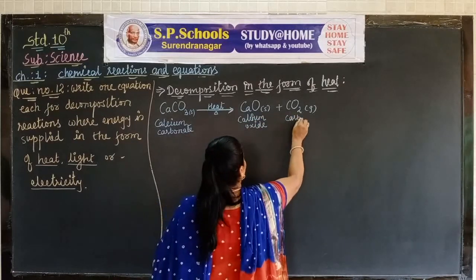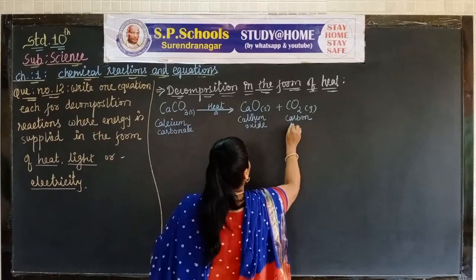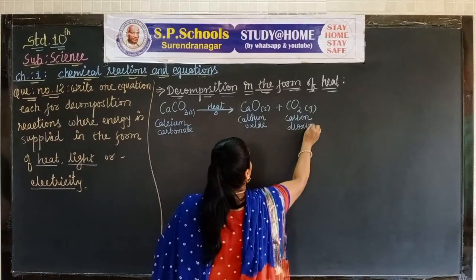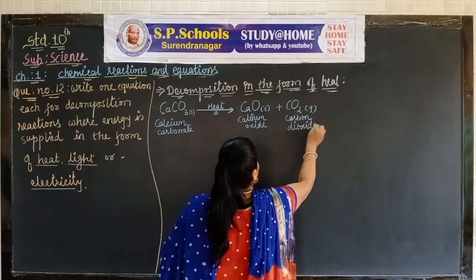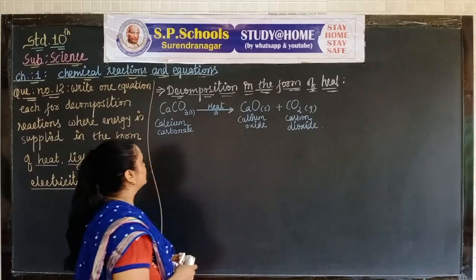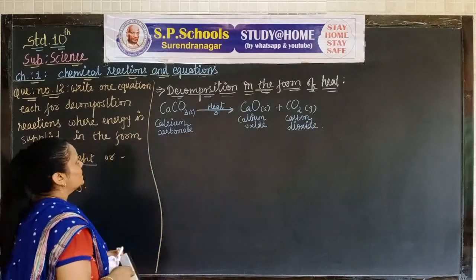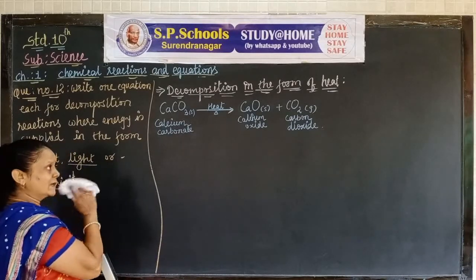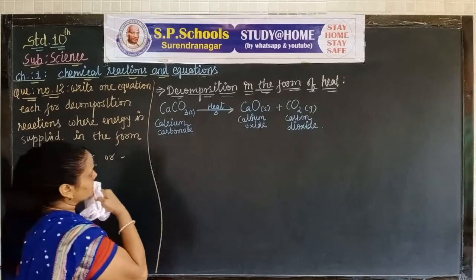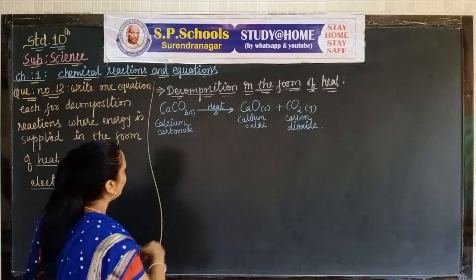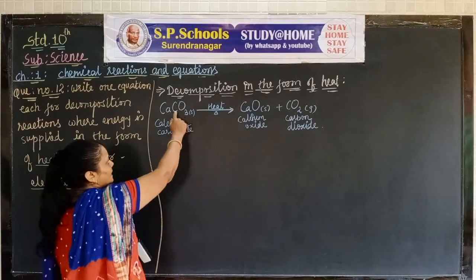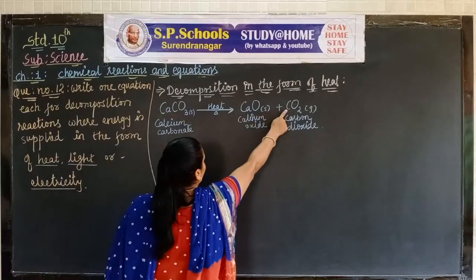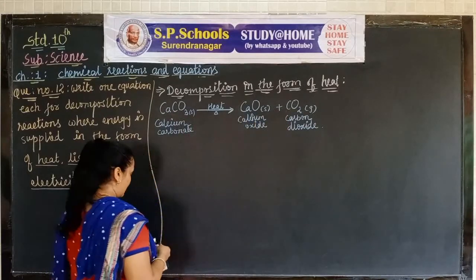This one is carbon dioxide. In reactants, calcium 1 atom, oxygen 2 plus 3, here 3 and carbon 1. So the equation will balance.